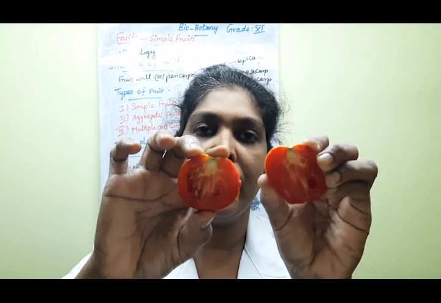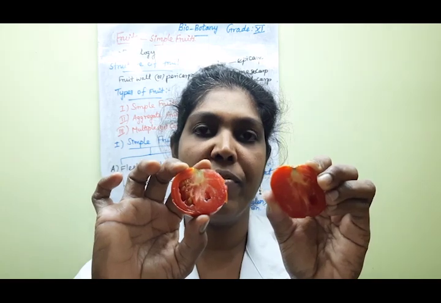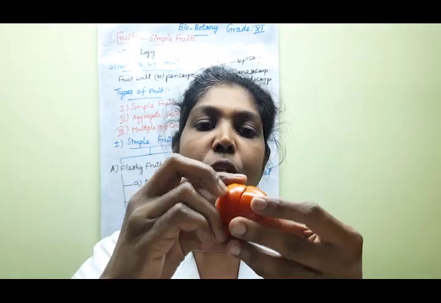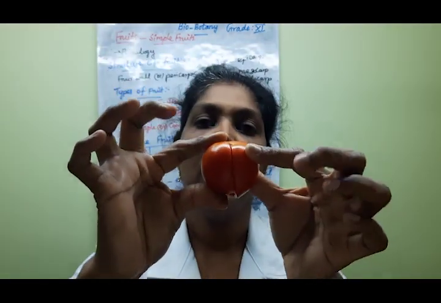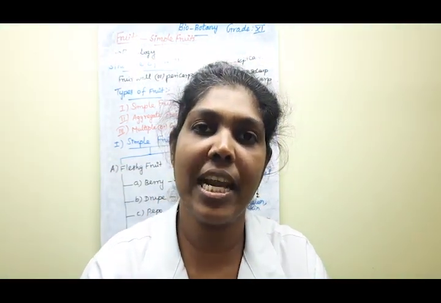Understood, ma'am? This is the first type of simple fruits, the berry type. Good examples are tomato, grapes and brinjal. Clear, children? Say yes or no?